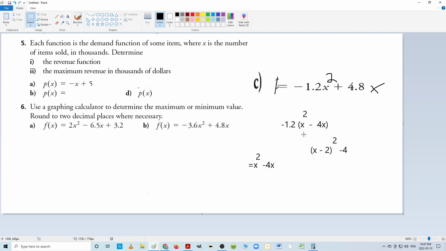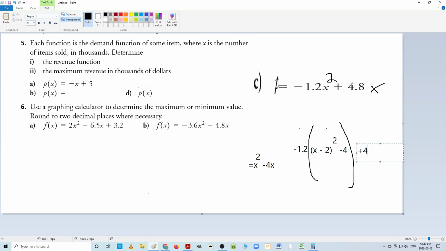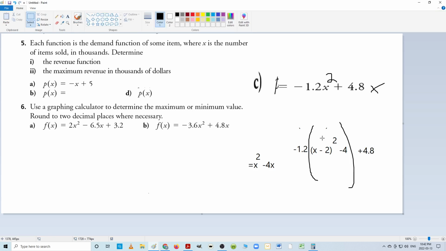However, I need to get that minus 4 out of the bracket, so I need to multiply by negative 1.2, and it of course becomes back to what it was, plus 4.8, and I can get rid of all my brackets now in this number because I've multiplied it.